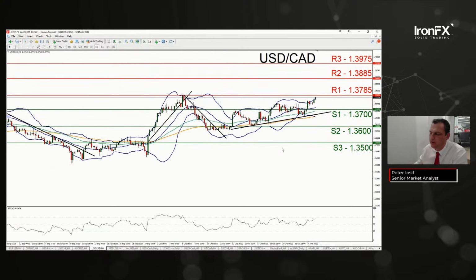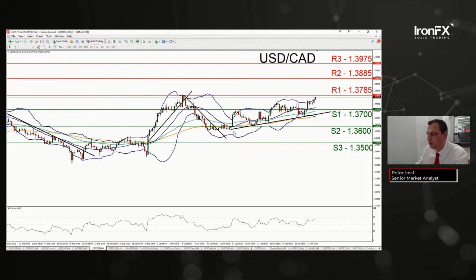The first is definitely the upward trend line guiding the pair. At this point, I would like to note that I was expecting actually a deeper correction lower. USD/CAD bulls did not allow a deeper correction lower to emerge. They promptly pushed the pair even higher. And note how it's once again flirting with the upper Bollinger Band. So one, the idea of an upward trend line being still valid and actually intensifying its slope to the upside tends to support the idea of a bullish outlook. That's the first element.